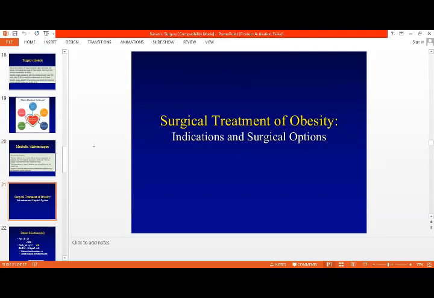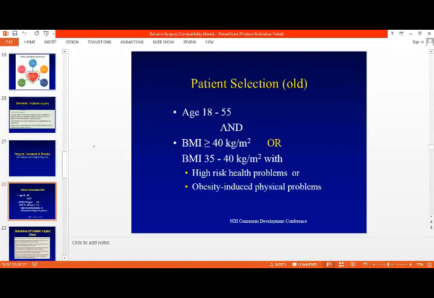So now we come to the surgical treatment of obesity. What are the indications and what are the different types of operations? Previously, this is an old slide of indications for patients who are candidates for bariatric surgery, and it used to say that age should be between 18 and 55, and BMI of the person should be equal to or more than 40. That means morbid obesity.